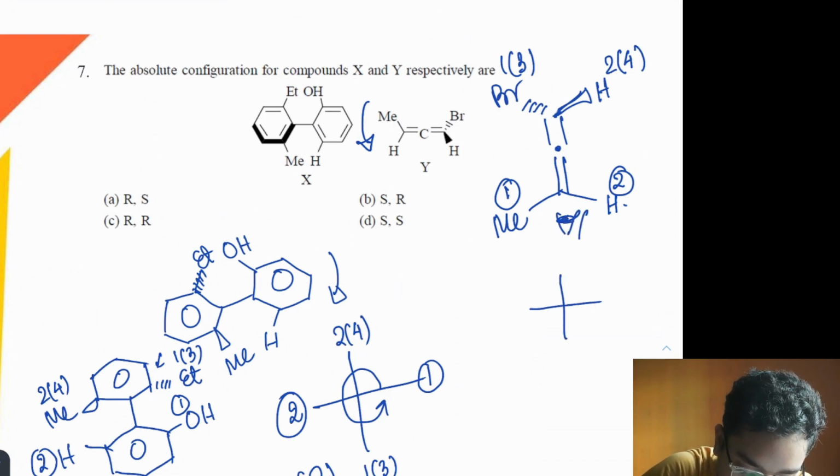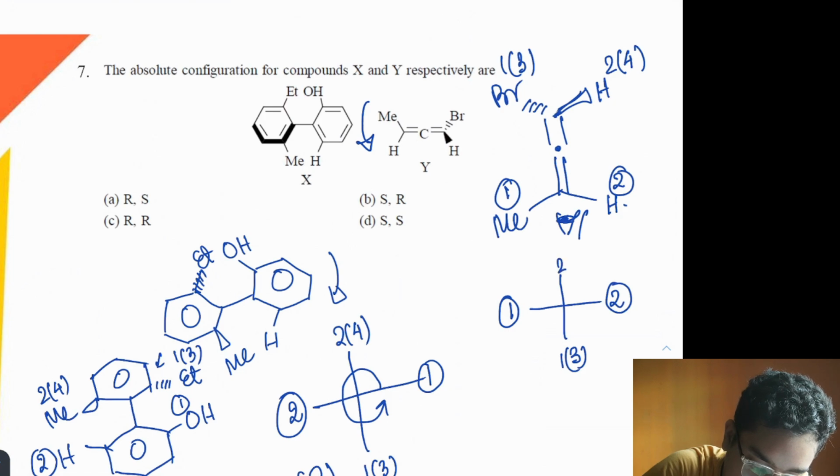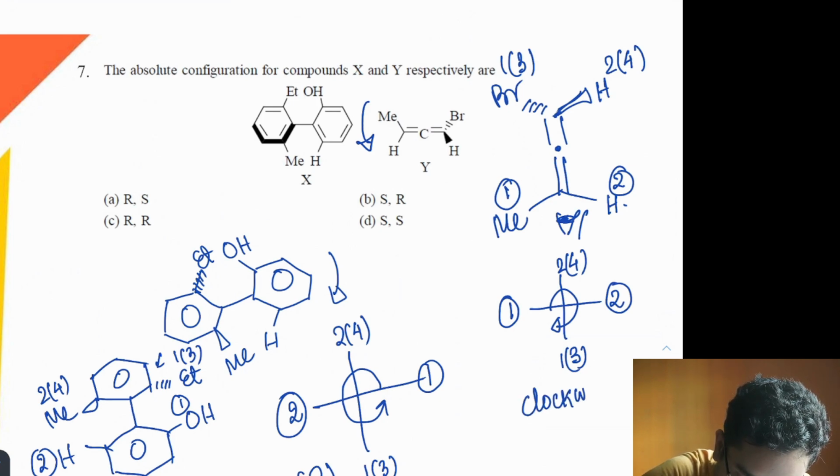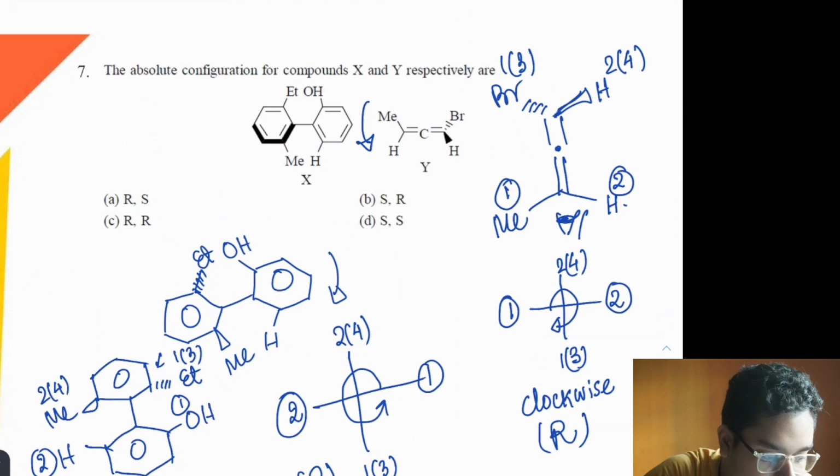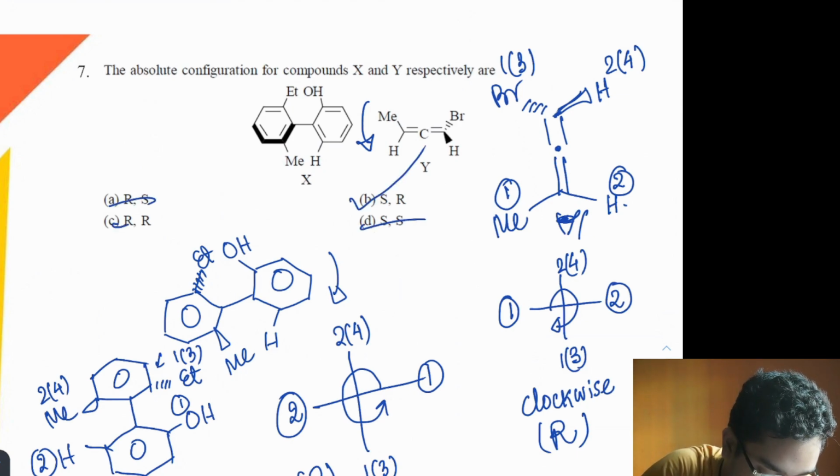So putting this all together, 1, 2, this will again be down, so the rotation 1, 2, 3 is clockwise, that means R. So the option will be SR. Where is the option SR? This option, the SR. So the others will not be; this is the correct option.